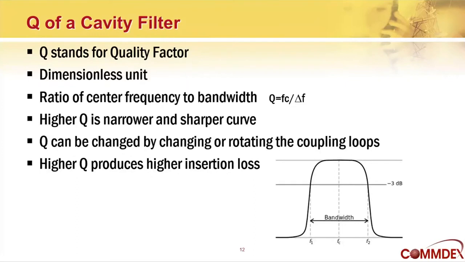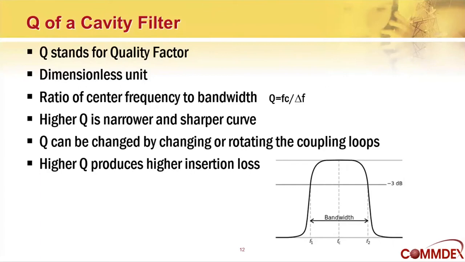So you can see as the bandwidth gets smaller, the denominator gets smaller, and then the Q gets higher. So a higher Q is a narrower and sharper curve, and a low Q is a broader curve.